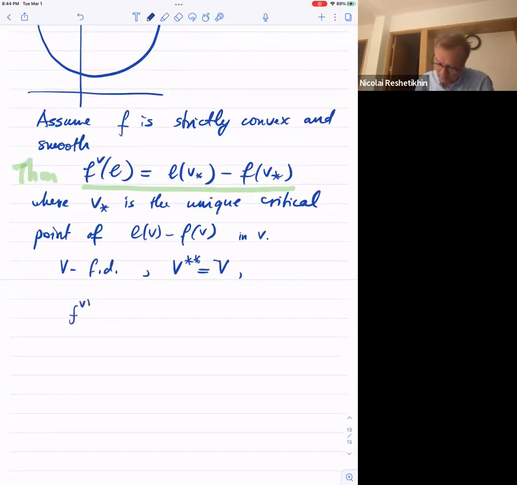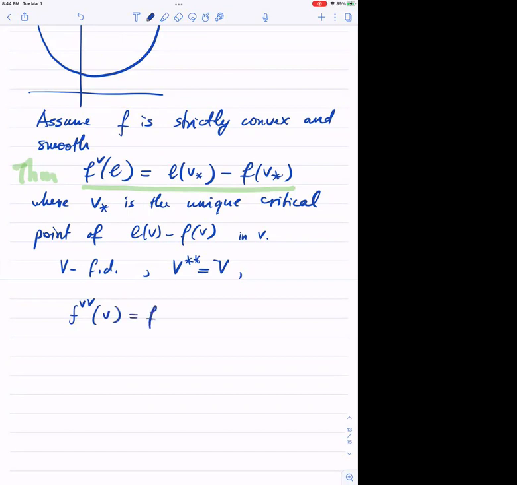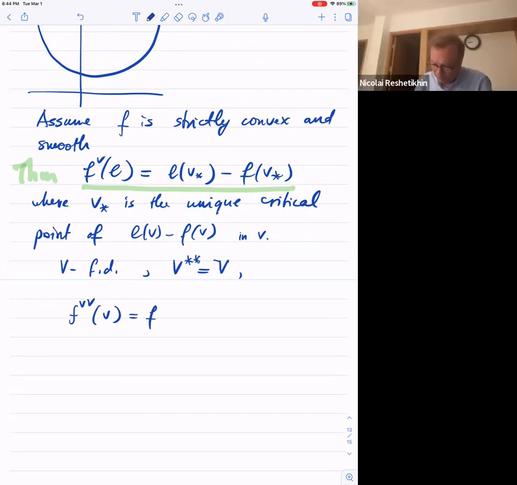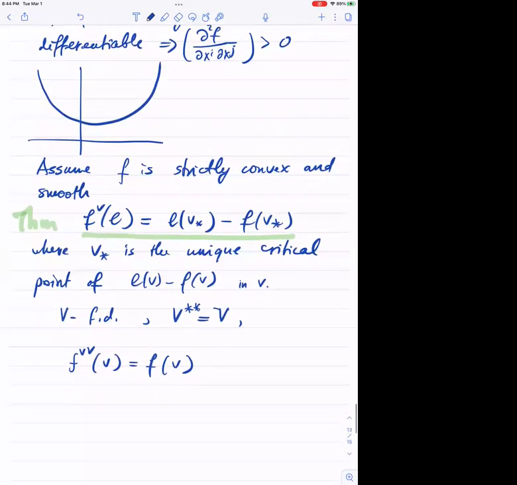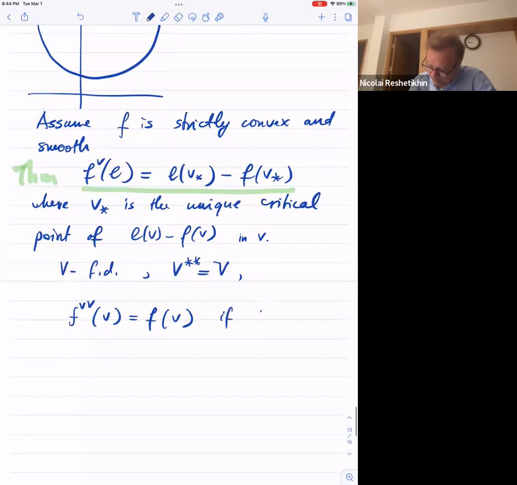The double Legendre transform, now it's a function of V. It's equal to f if f is convex.